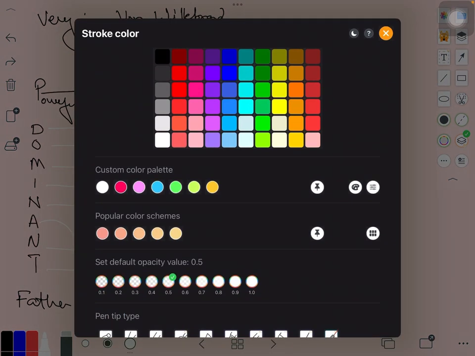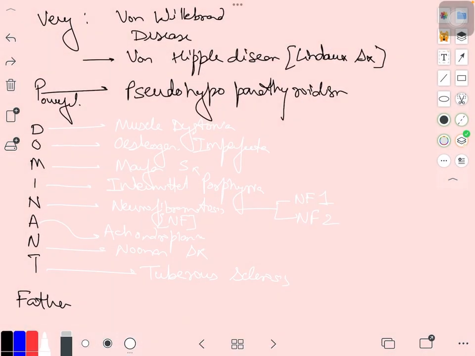For father, we have diseases with familial in the name. So familial adenomatous polyposis, also called FAP.